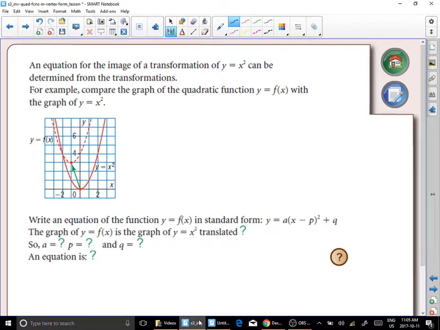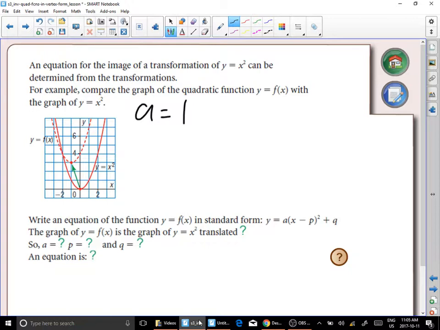But if we take a look at the second one, we see that it's 1, and then 3. Because the vertical differences of the dotted graph here are 1 and 3, just like the solid graph, that tells me for sure that A is 1. A is not changed for the dotted graph.